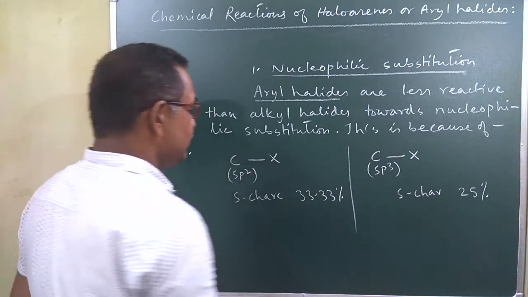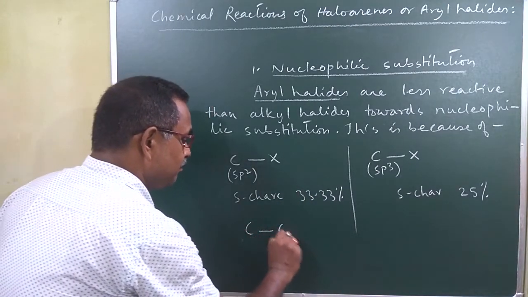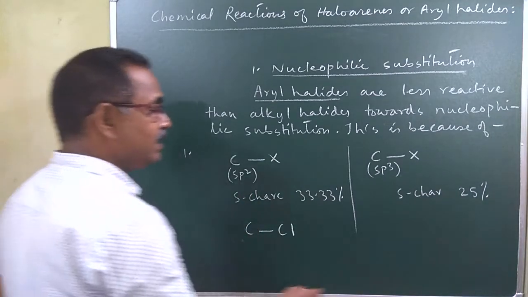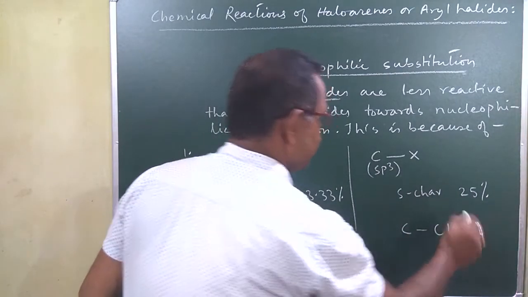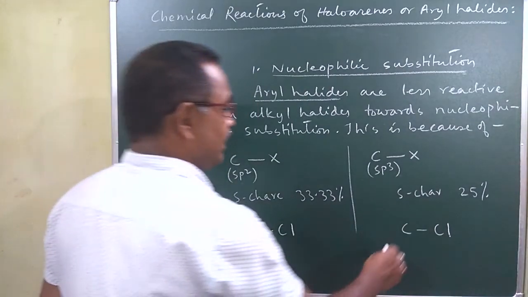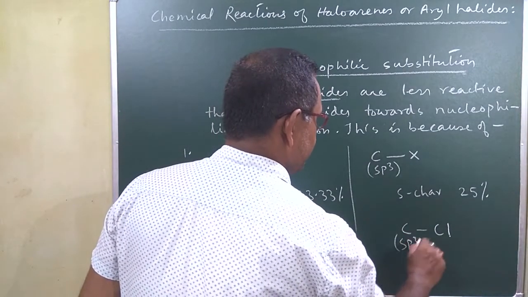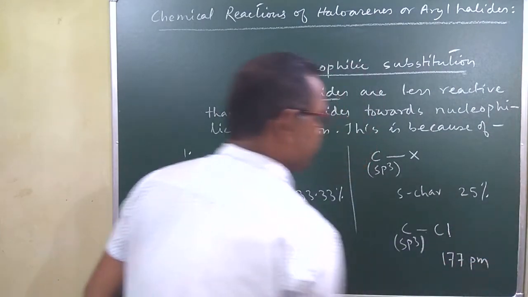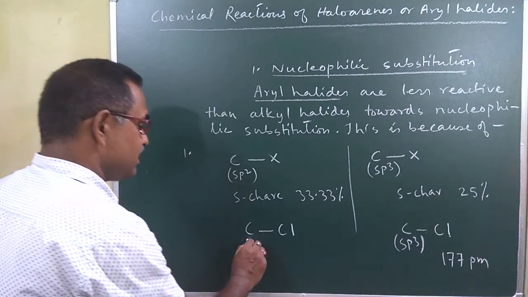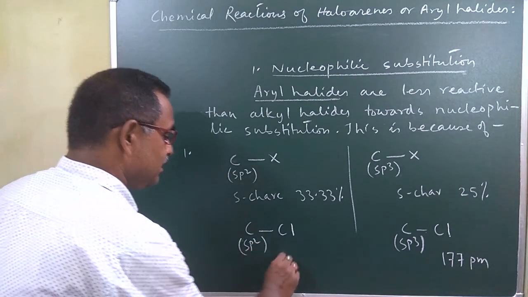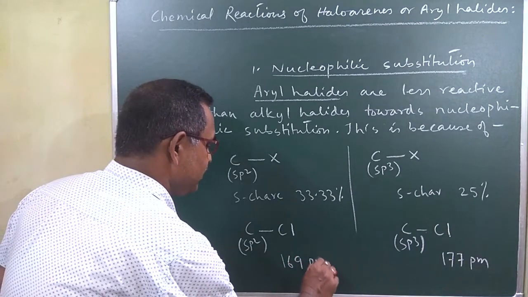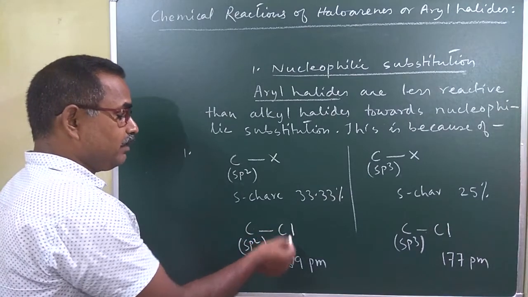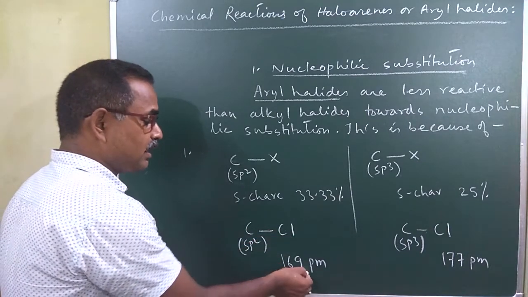If we examine the bond length C-Cl in case of aryl halide and in case of alkyl halide, what we see is that in case of alkyl halide, this bond length is 177 picometer. But in case of aryl halide, it is 169 picometer. So the carbon chlorine bond in aryl halide is shorter in length.